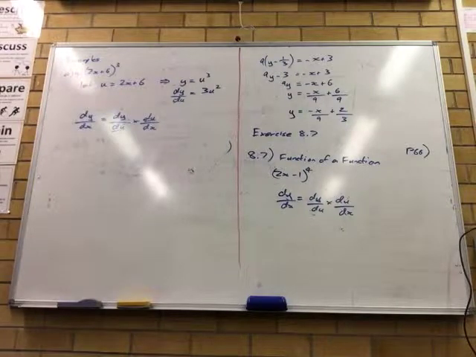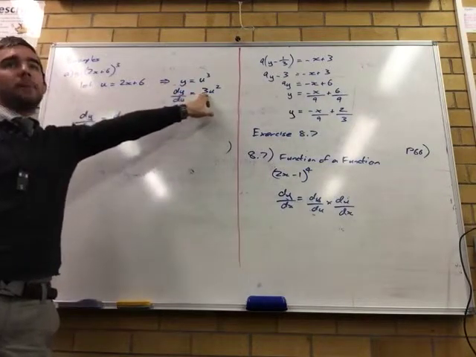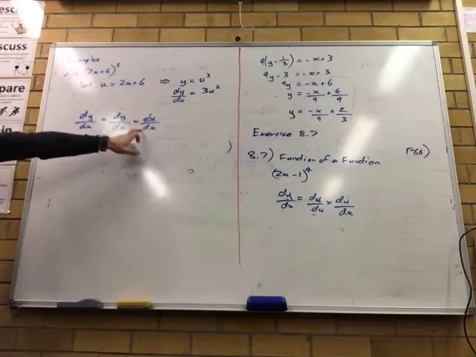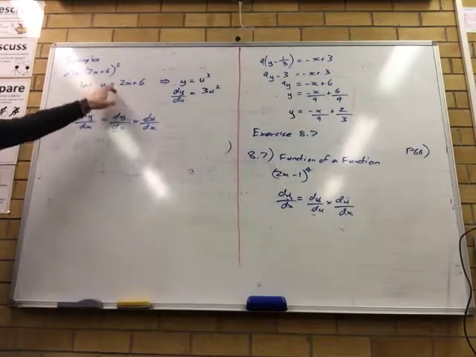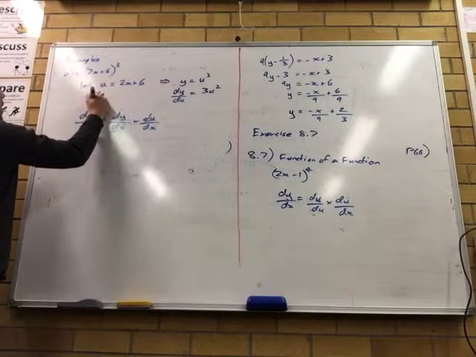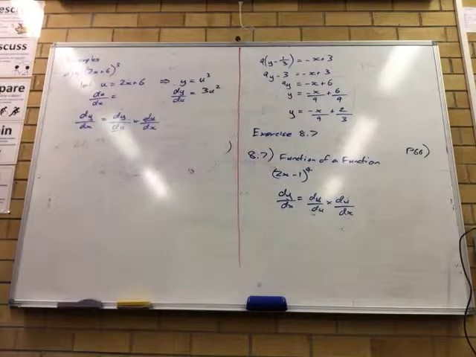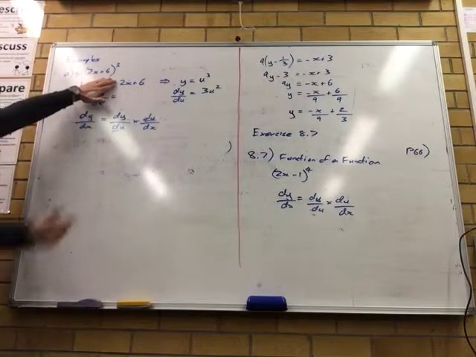You can look at it as x's and use the same rules, the variable is just u. So I now have dy over du equal to 3u squared. Now I need du over dx. I've got u equals 2x + 6, so du over dx equals what? What's the derivative of that? 2.